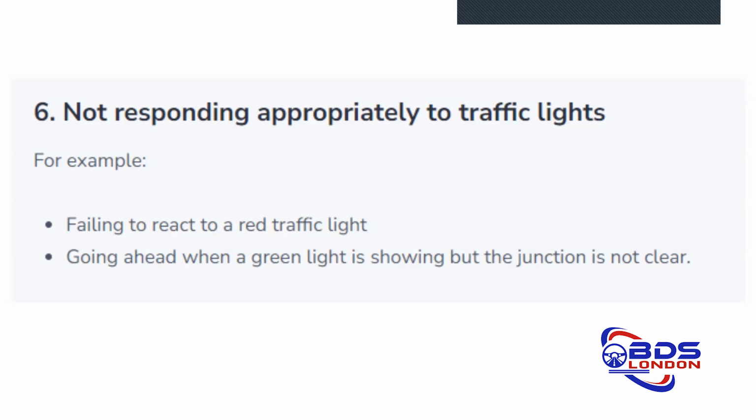If you are not identifying what you're dealing with when you approach a set of traffic lights or complex lights at a junction and you can't identify it properly, you're going to slip up on the actual observations because you haven't identified what you're dealing with correctly.